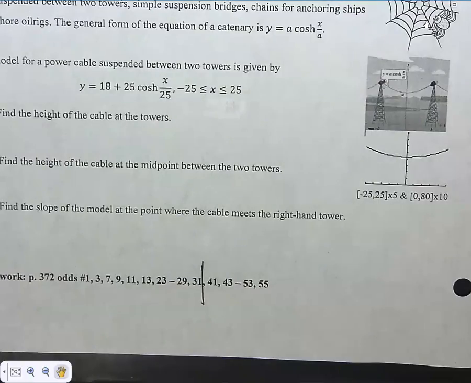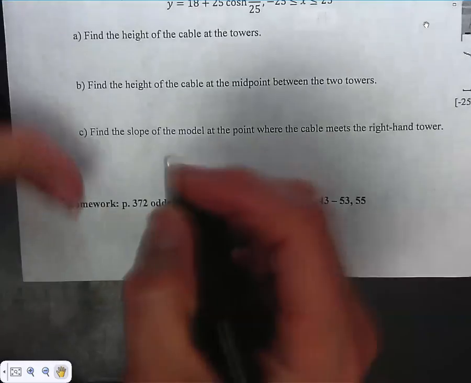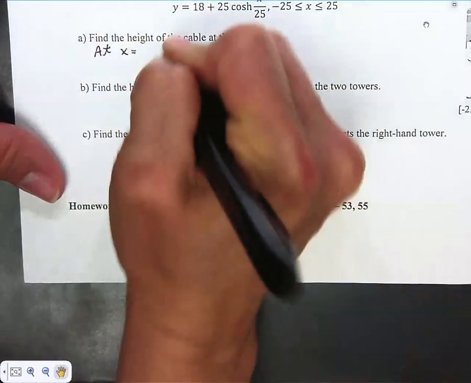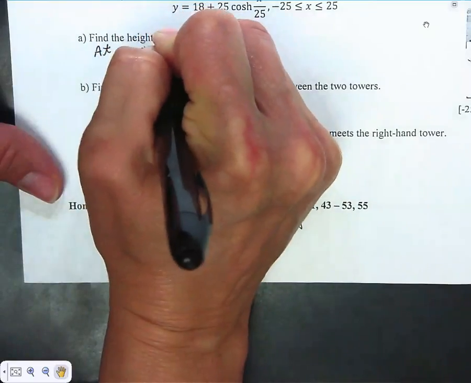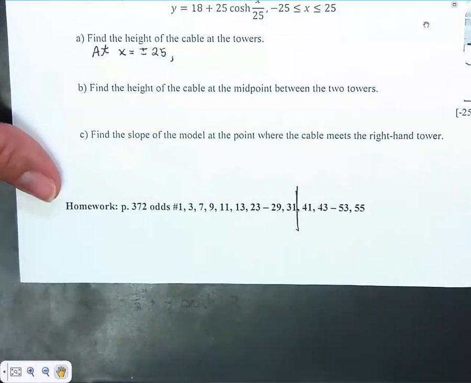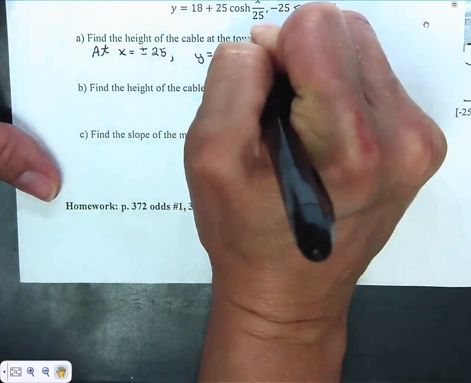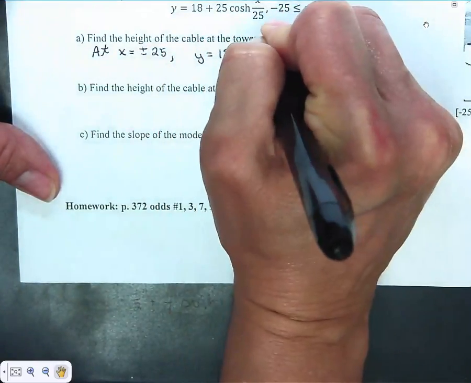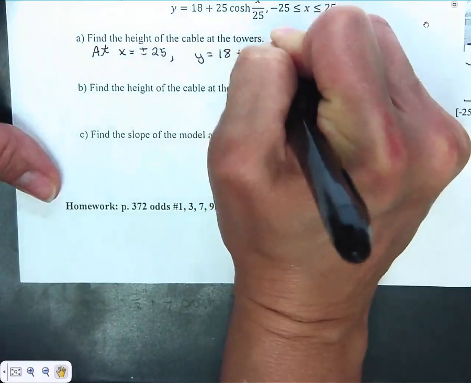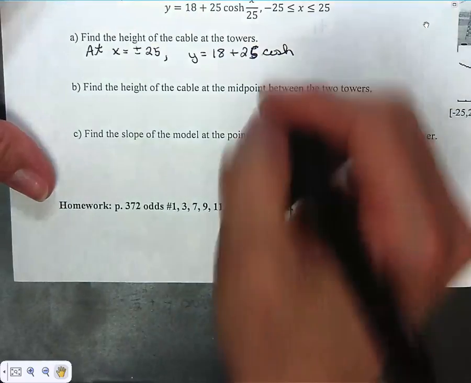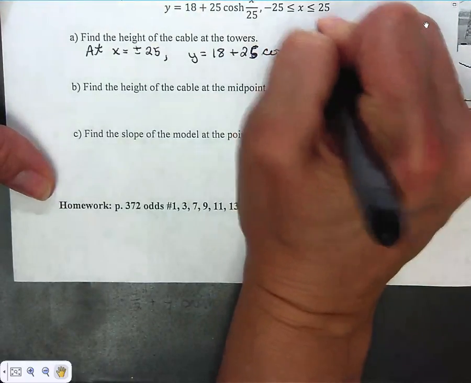And that's the point where x equals negative 25. So at x equals plus or minus 25, y is 18 plus 25 cosh of 1 or -1, and it should give me the same answer either way.